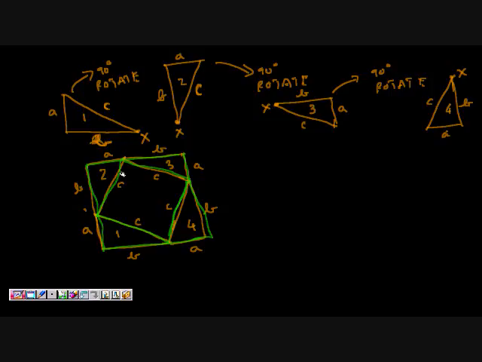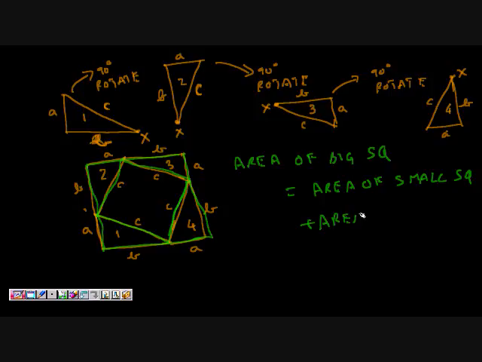So the area of the big square is equal to the area of the small square plus the area of the four triangles combined.